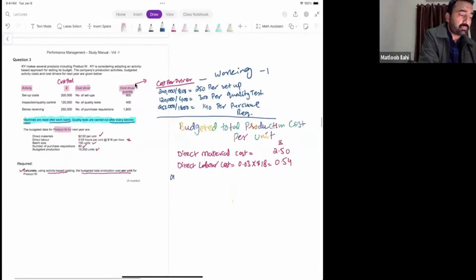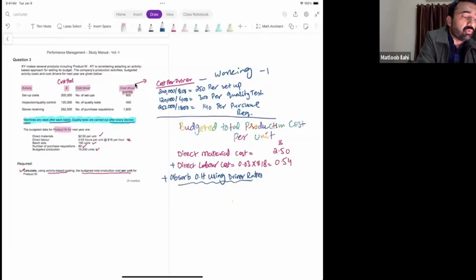0.03 plus absorb overheads using driver rates. First of all, setup cost from setup activity.